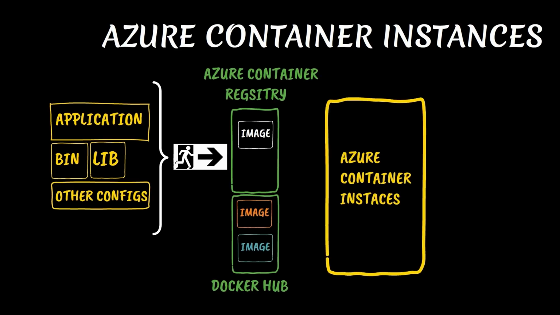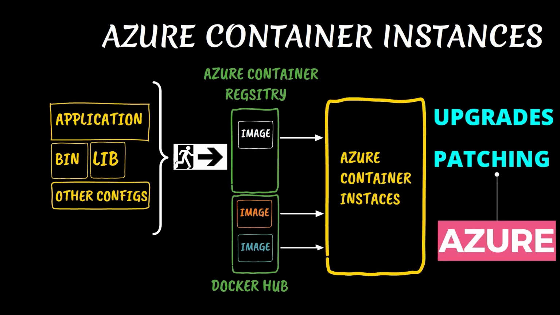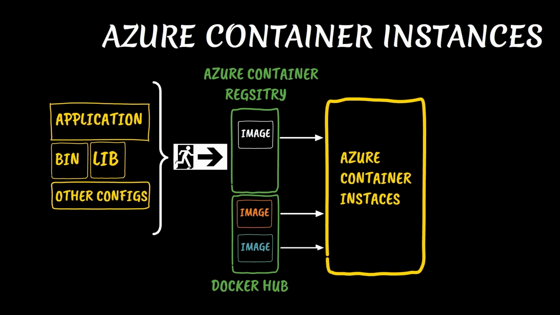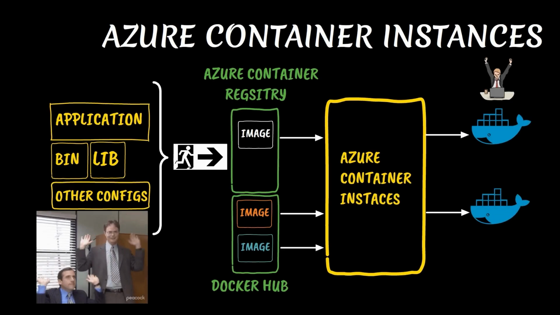Then, using the Azure portal, you deploy these images from the repository to Azure Container Instances, which is a platform as a service. That means all the admin work such as upgrading, patching, and infrastructure management will be done by Azure for you, and you just have to worry about your code and containers. Azure Container Instances allow you to upload your containers, and the service will run them for you without you worrying about the underlying infrastructure.